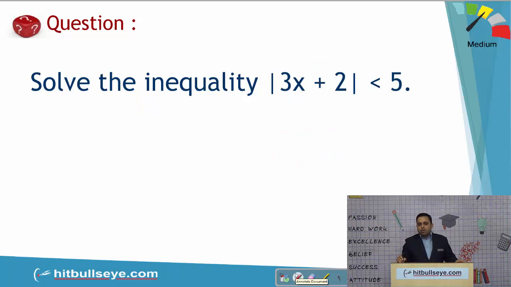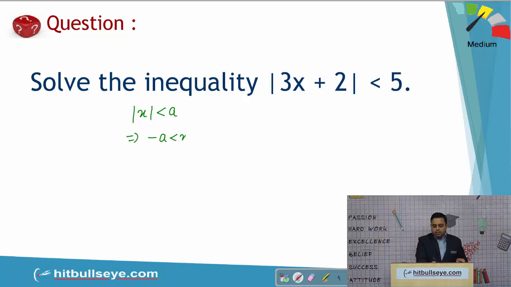Here we have mod of 3x plus 2 less than 5. Again I will use the result that if mod x is less than a, then x lies in between minus a and a. Comparing the term inside the modulus, I have to replace x by 3x plus 2.